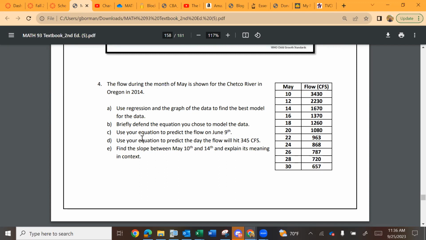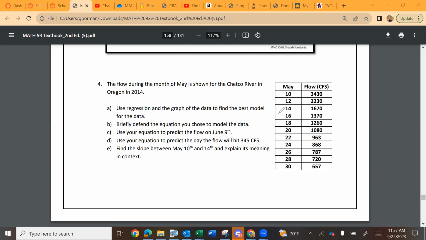I mean, I'm no river engineer, but would it make sense for it to get lower, and then pop back up like a quadratic? I kind of doubt it. After all, there's only one more day in the month, and it still hasn't started popping up. So I don't think quadratic is going to cut it. It just doesn't make sense. And we already ruled out linear because it's not a straight line pattern.